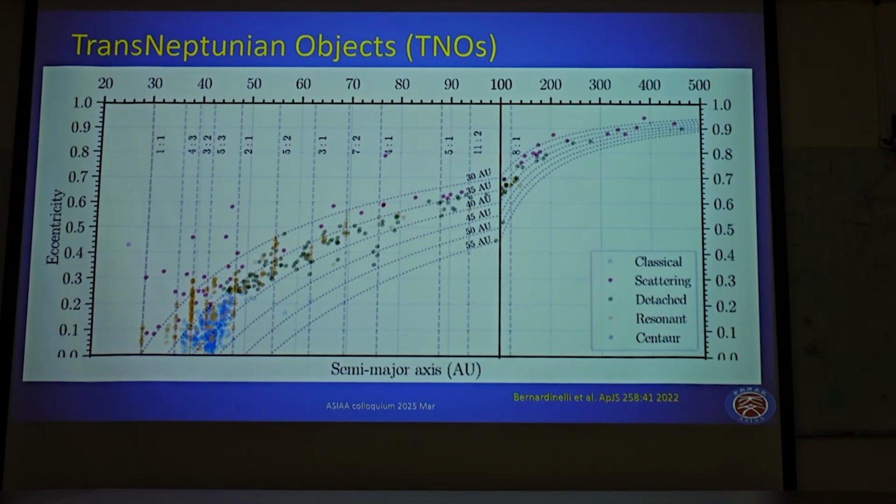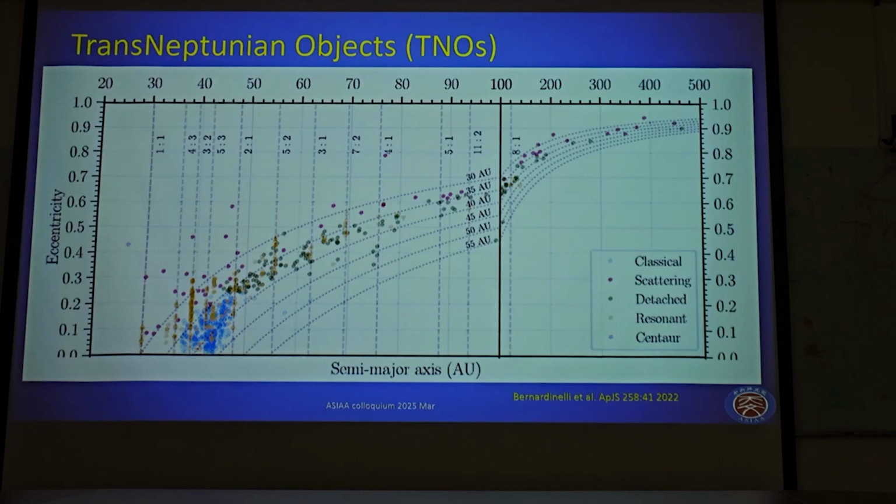So that's why they typically have a higher eccentricity. And then there are some we call detached objects, meaning that they are further away and have a higher perihelion. So they do not have a strong correlation compared with the other 2 subgroups that I mentioned.